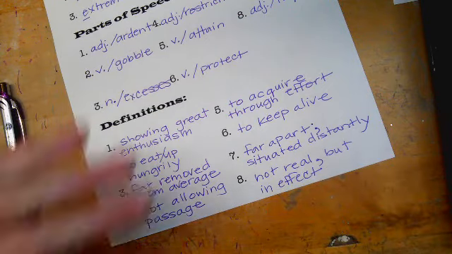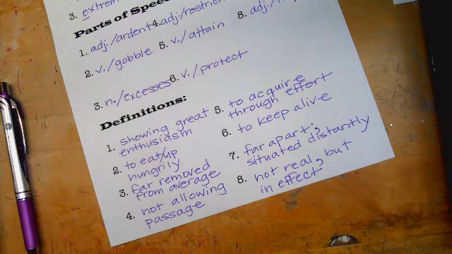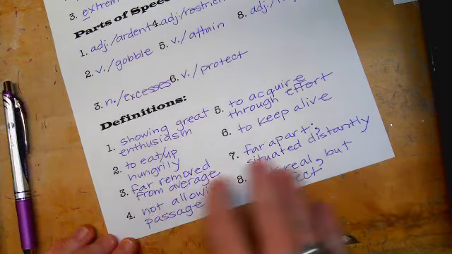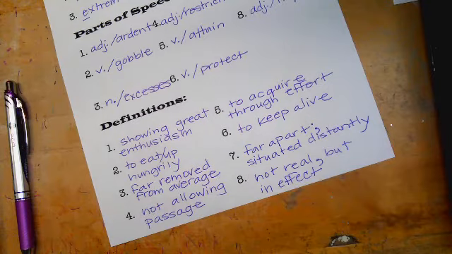Okay. So one of the reasons why we do this, why we study words, is because one of the goals that you have at school is to learn academic language. And these definitions are a good example of academic language. And you start learning more and more academic language as you get into the upper grades.